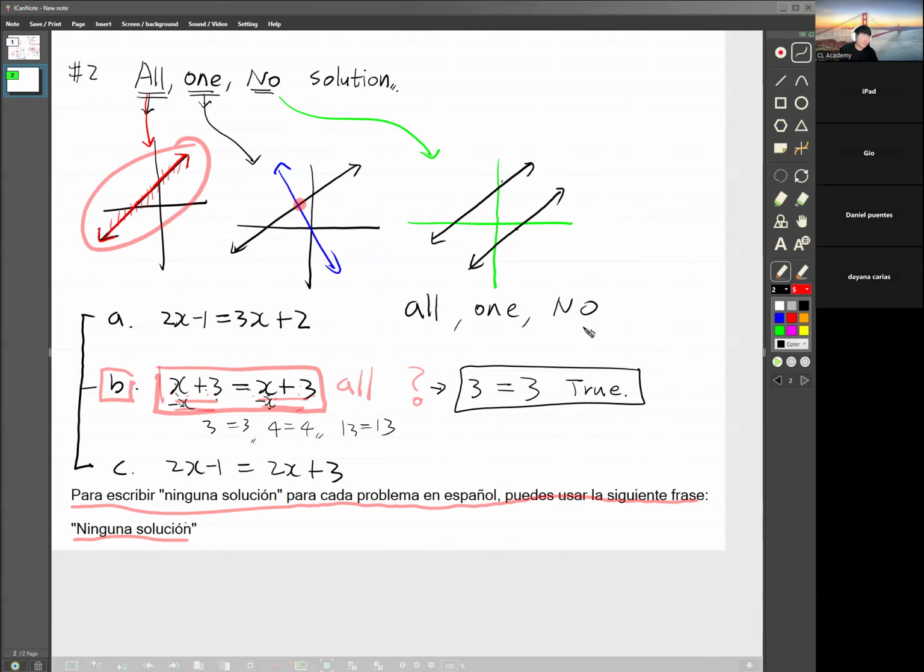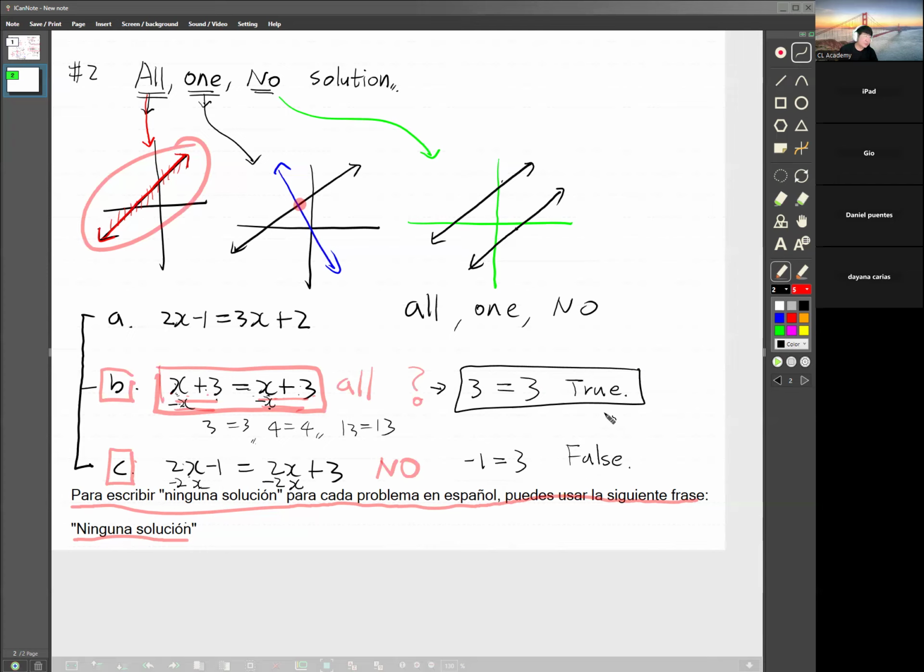Now let's look at C. We're going to come back to A later. C will be no solution. Why? I'm going to do the same thing: subtract 2x from both sides. Then 2x cancels out. Negative 1 equals 3, which is false.